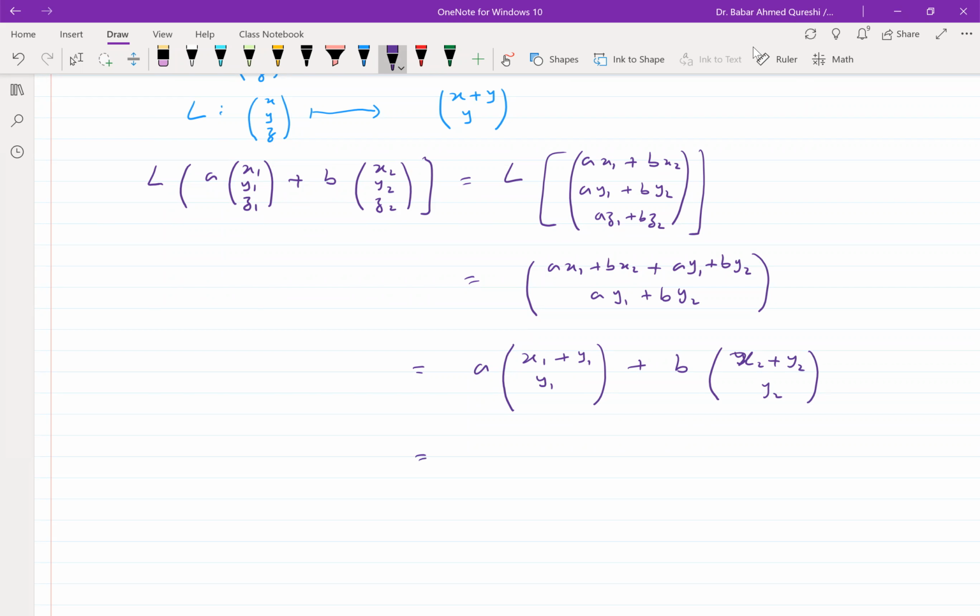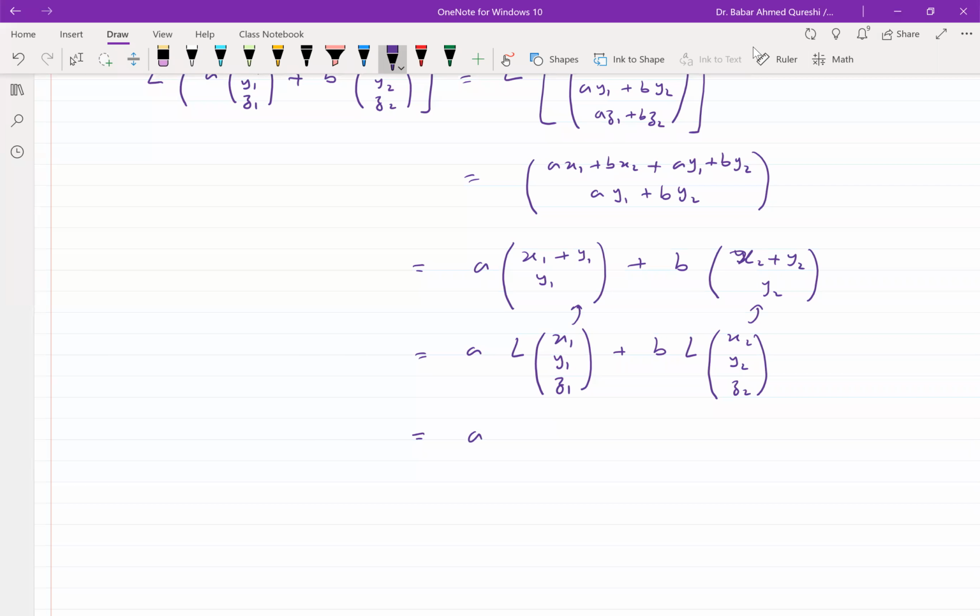And this is the same as applying the linear transformation on this object, this would be the result. Similarly, if I apply the linear transformation on this vector in R3, this would be the result.